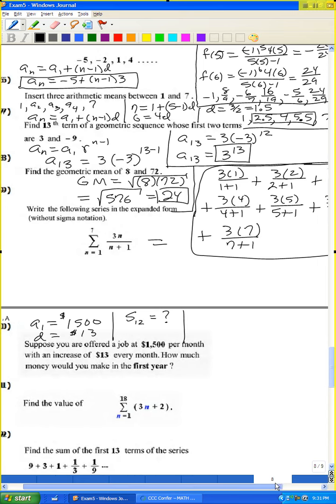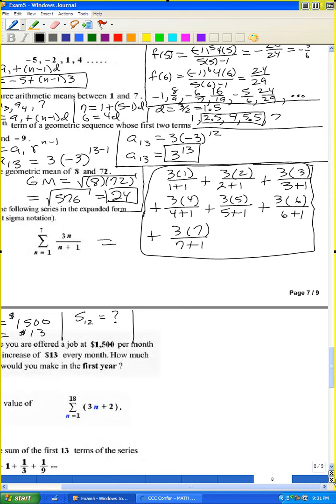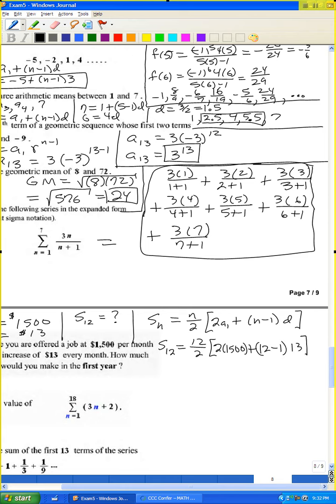The formula for the sum of an arithmetic sequence, a series, is the following. S sub n is n over 2 times 2a1 plus n minus 1 times d. After 12 months, you have 12 over 2 times 2 times 1,500 plus 12 minus 1, and the common difference is 13.